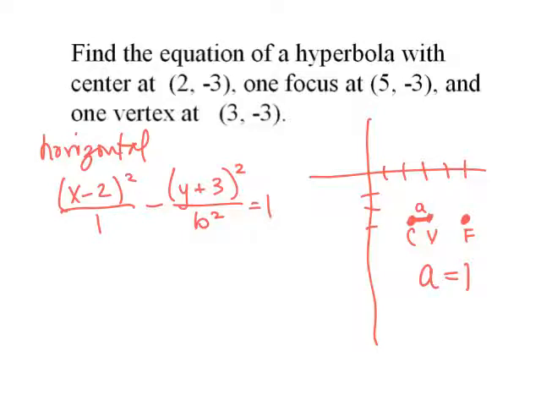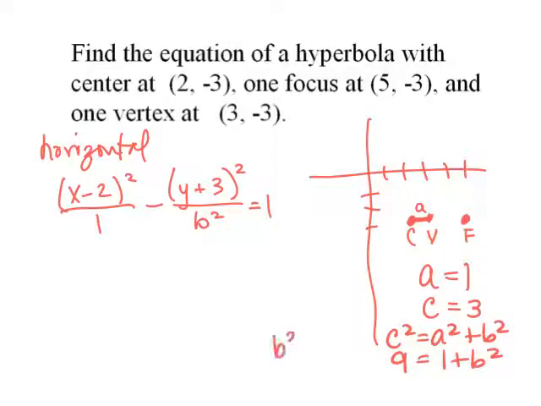And we know that C is 3 because that's your center to the focus. So now I know that c squared equals a squared plus b squared, and 9 equals 1 plus b squared. So b squared is 8, which means b is 2√2. So we can replace the b squared here with an 8.